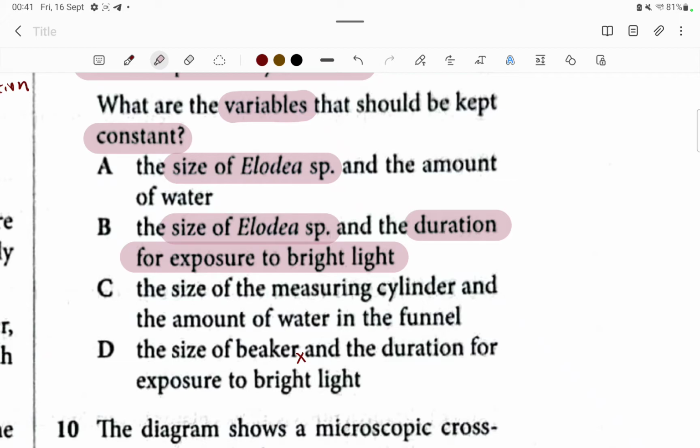And then duration of exposure to sunlight, more exposure to sunlight means higher photosynthesis rate. So the answer should be B. Okay. And then number 10.